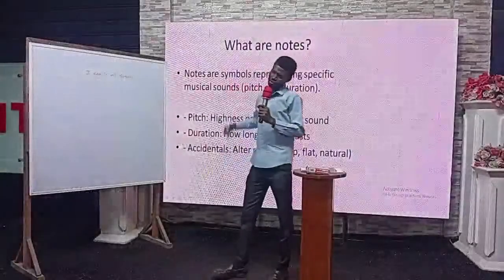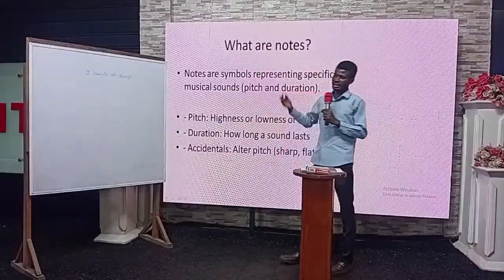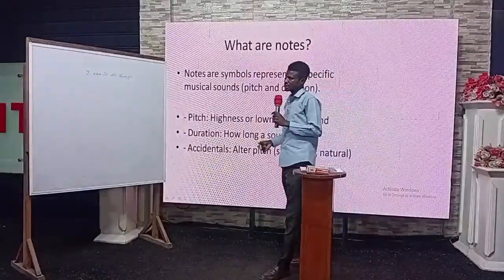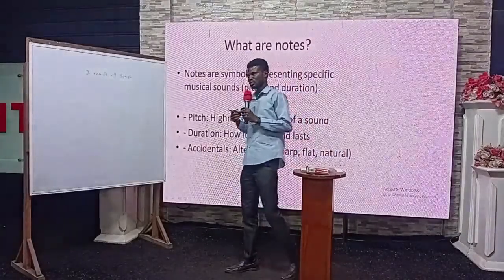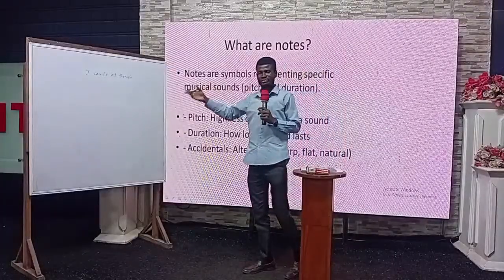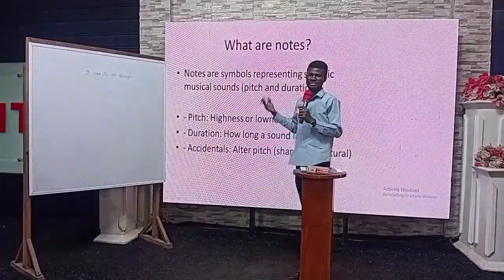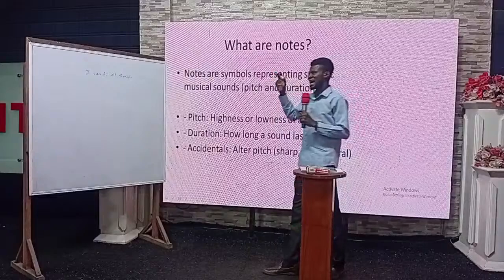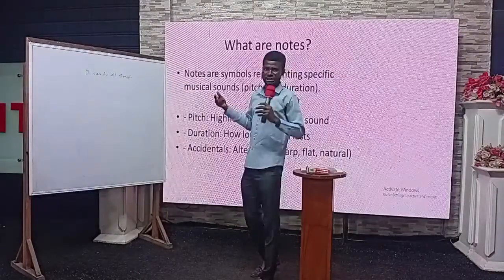When we hear someone sing, for example, or we hear an instrumentalist play out a rhythm on his musical instrument, what we hear is different kinds of notes with different pitch and different duration put together.